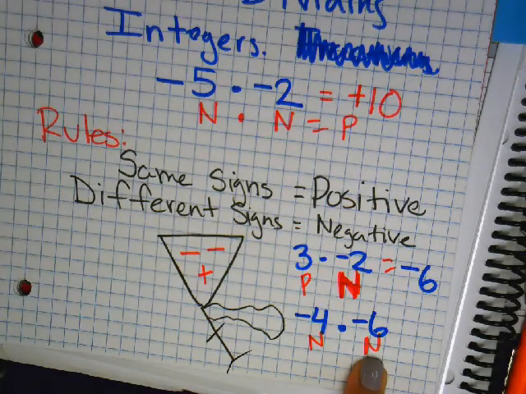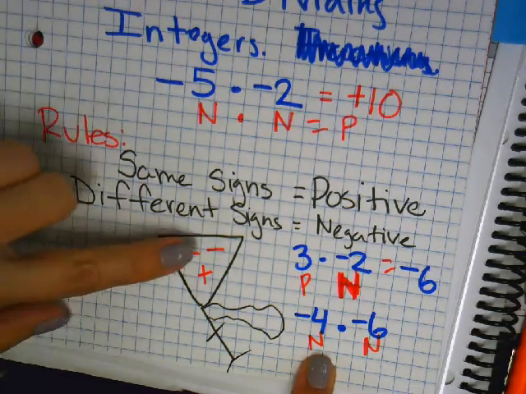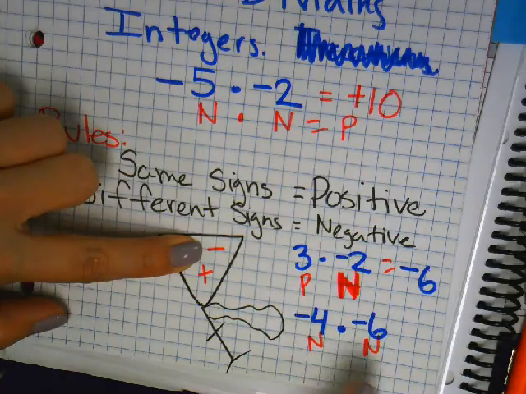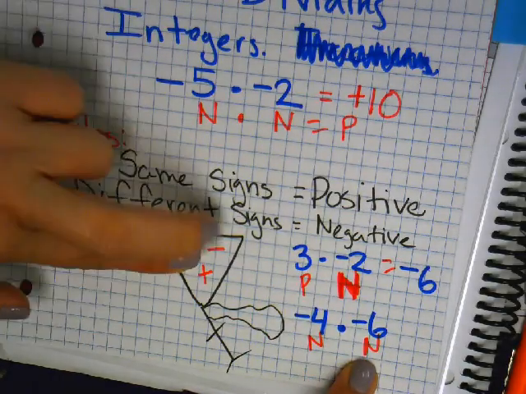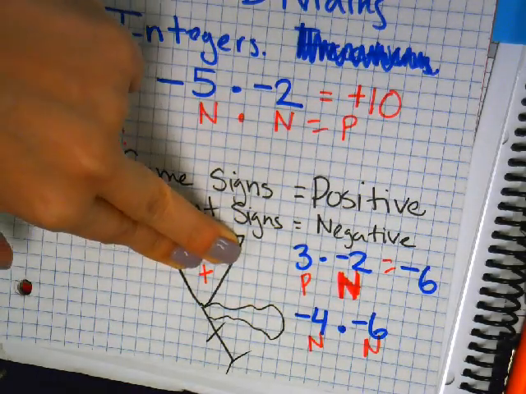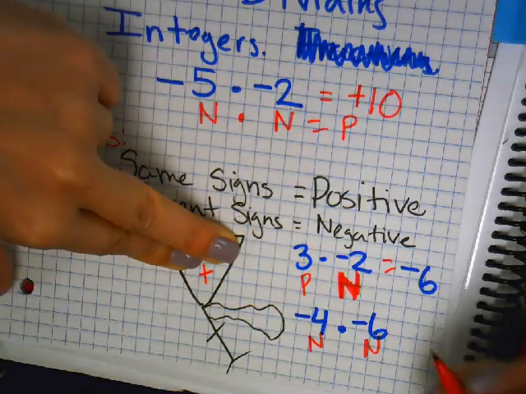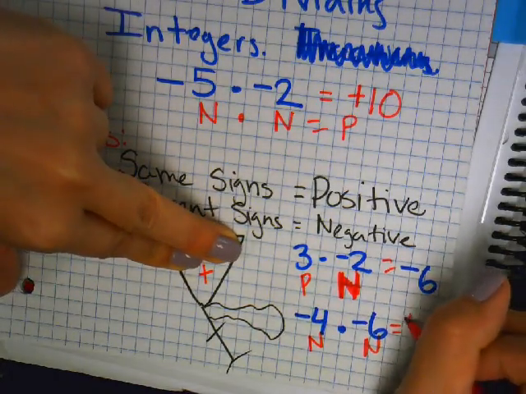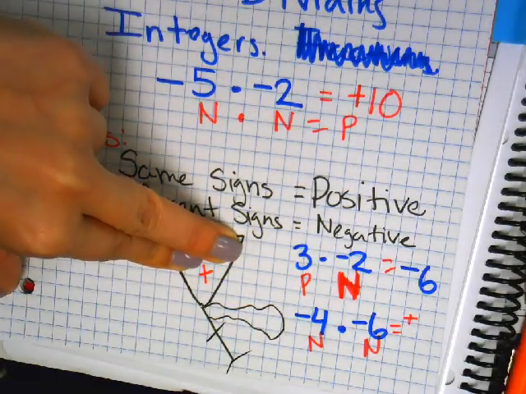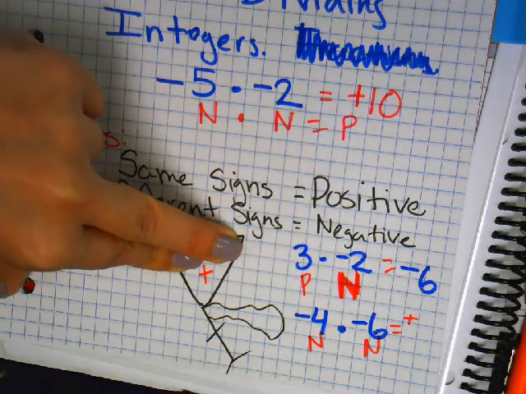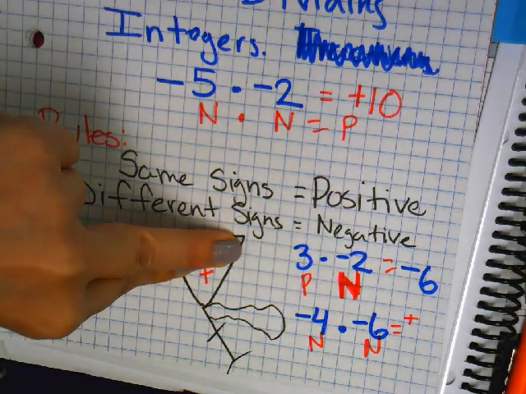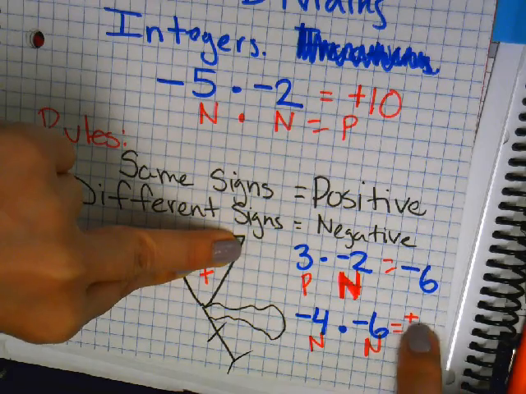So I'm going to cover up the negative. Then I'm going to cover up the other negative. What did I not cover up? Positive. So that means that my answer is going to be positive. Multiply. What's 4 times 6? Positive.